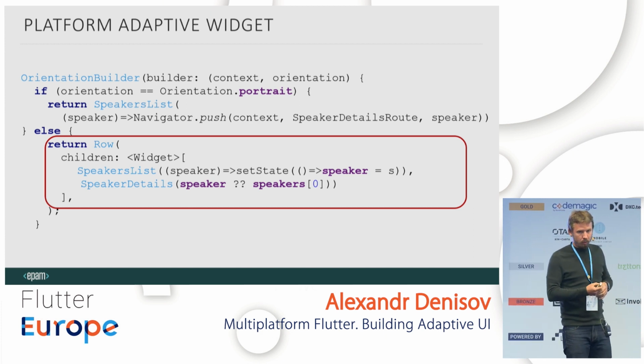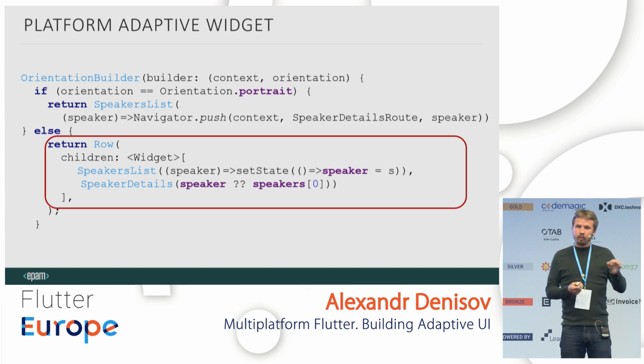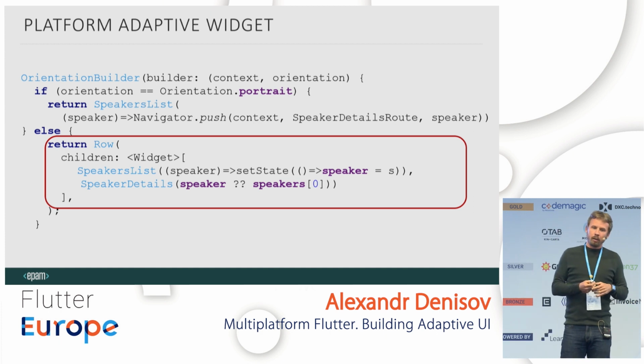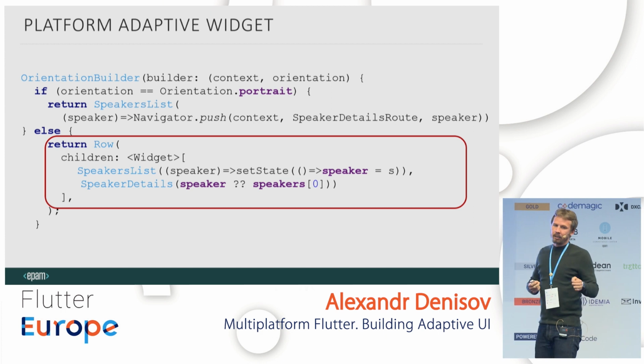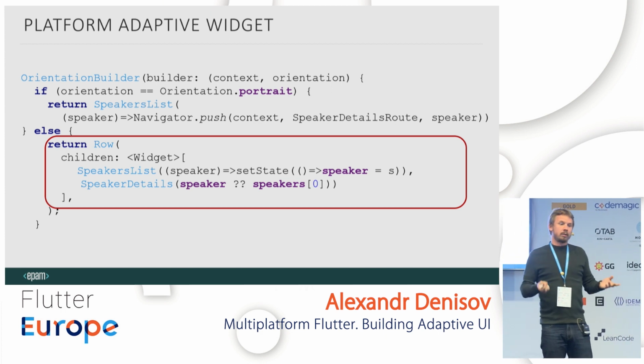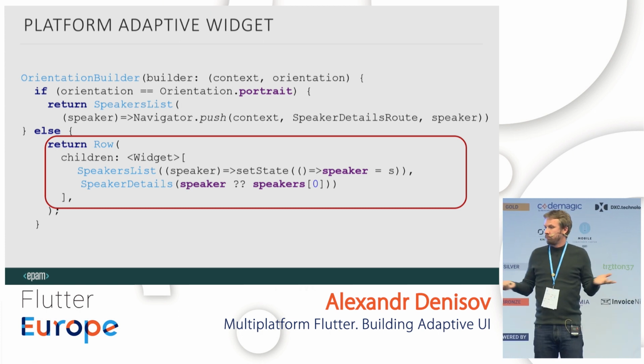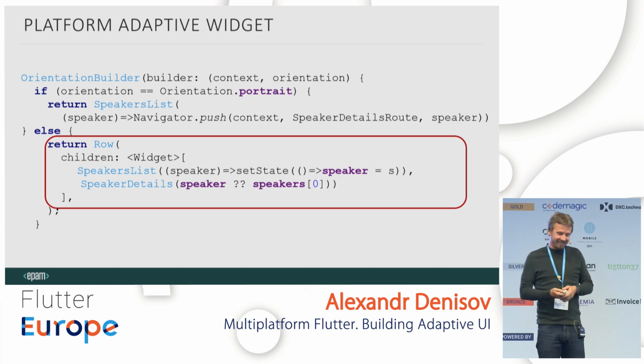In case of portrait orientation, we provide Navigator.push that navigates to a separate screen with speaker details. And in case of landscape, we provide setState that just changes current widgets on the speaker detail screen. And voila, everything works.